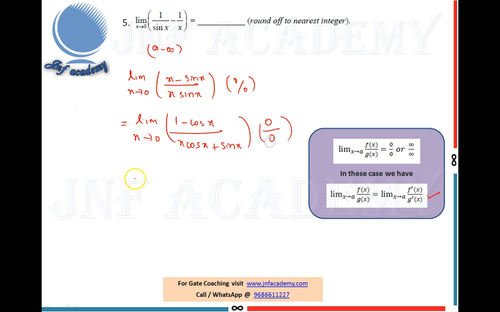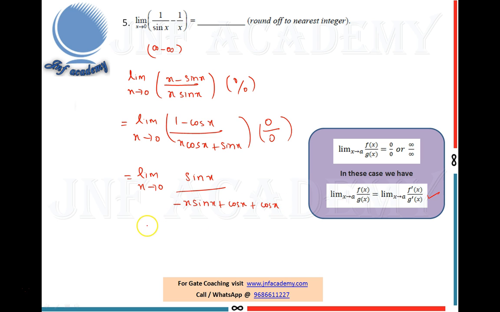0 by 0 form. So, one more time I apply L'Hospital rule. That is, differentiation of 1 is 0 minus cos x is sin x divided by differentiation of denominator is minus x sin x plus cos x, differentiation of x is 1 plus differentiation of sin x is cos x.